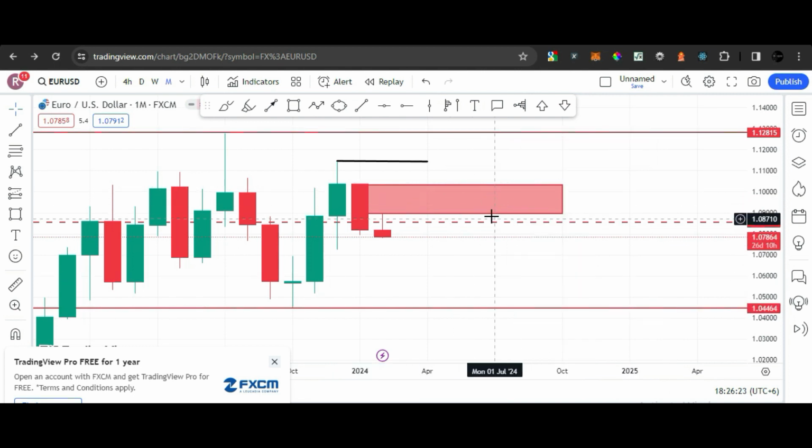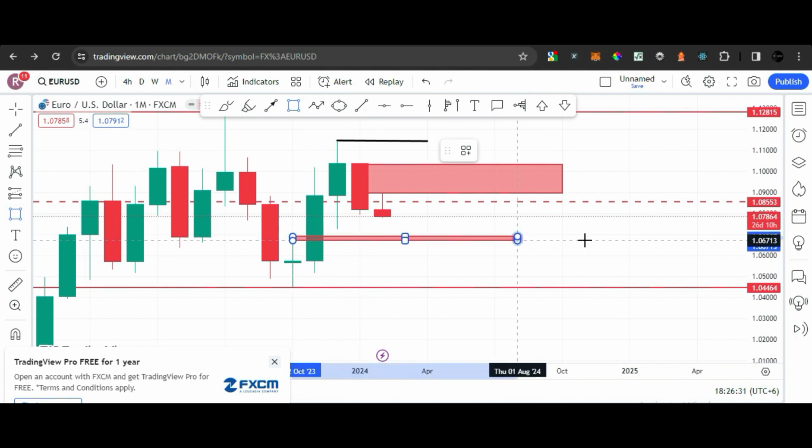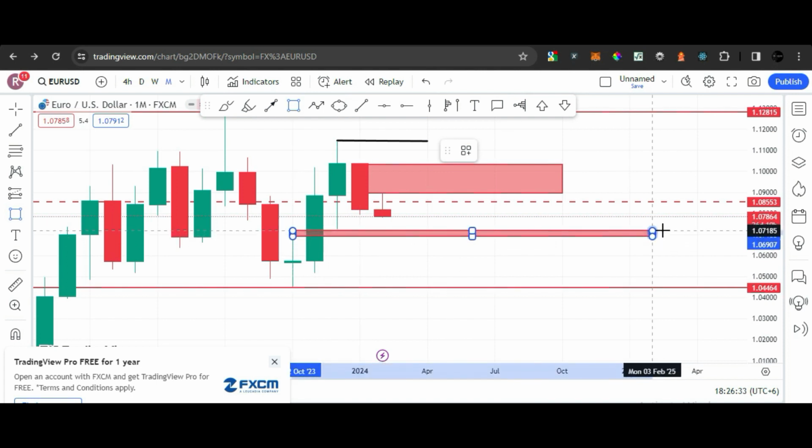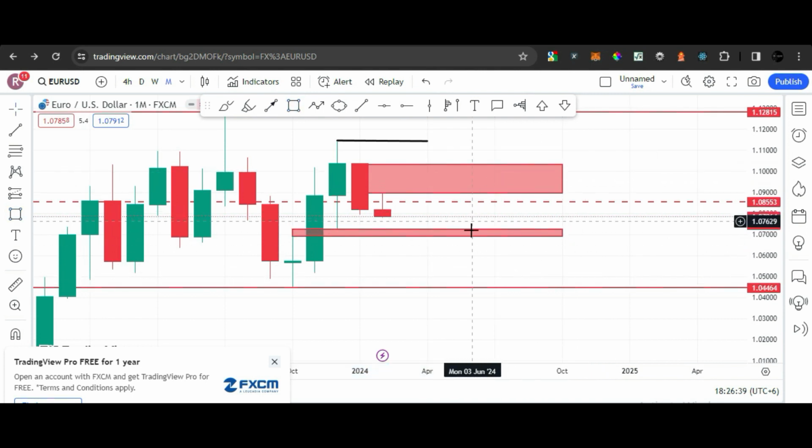So we understand this is an imbalance that has been created here. This price has not been addressed. On the other side, if we go here, this was an imbalance created in the month which has not yet been addressed. Okay, so these are the two places where the price has to go and correct the market.